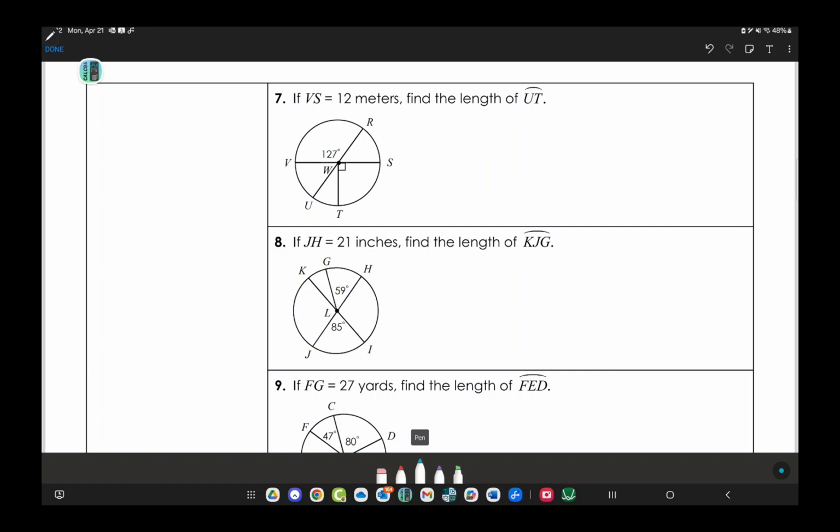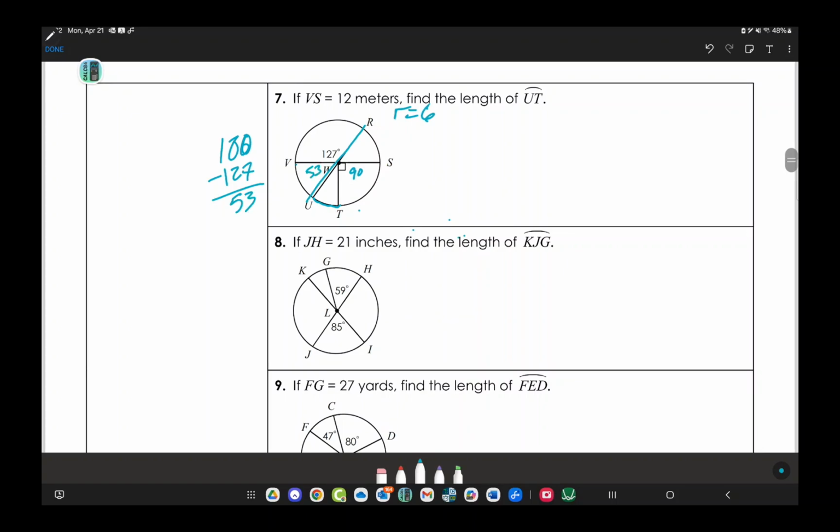So here we want the arc length of UT, given that VS is the diameter, so the radius would be 6. We know this is 90. We do know that this is a semicircle, so this arc measure here would be 180 minus 127. It's 53.